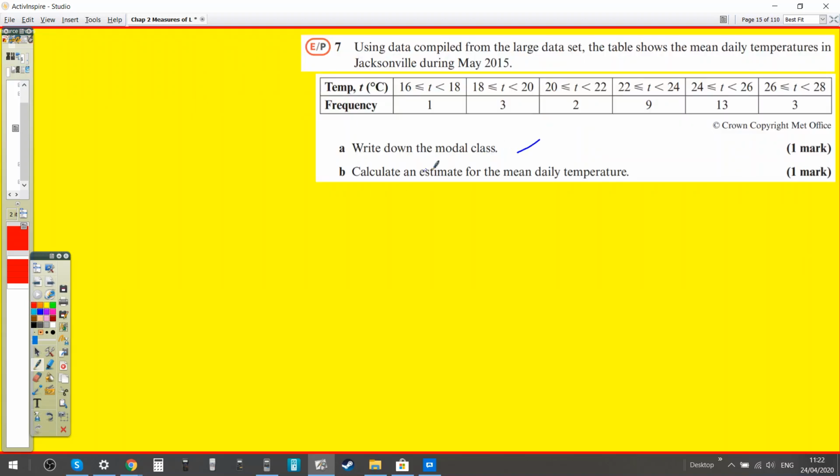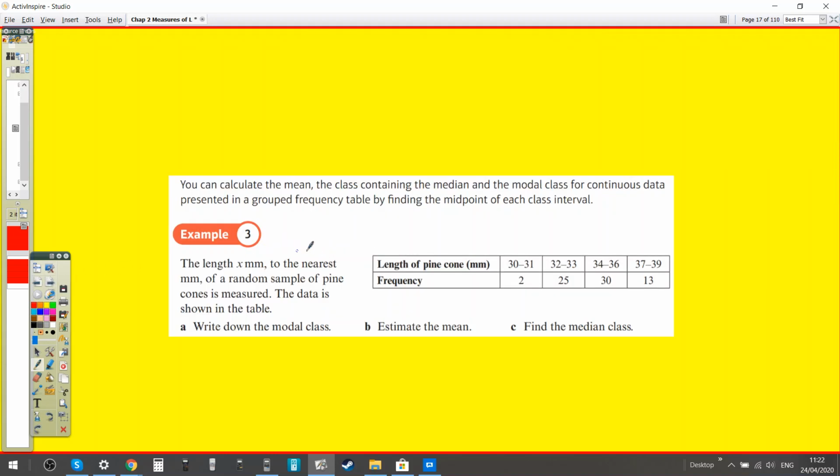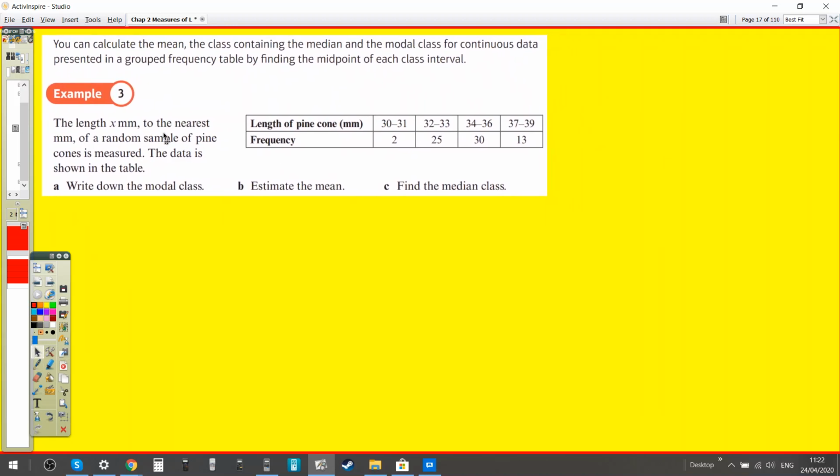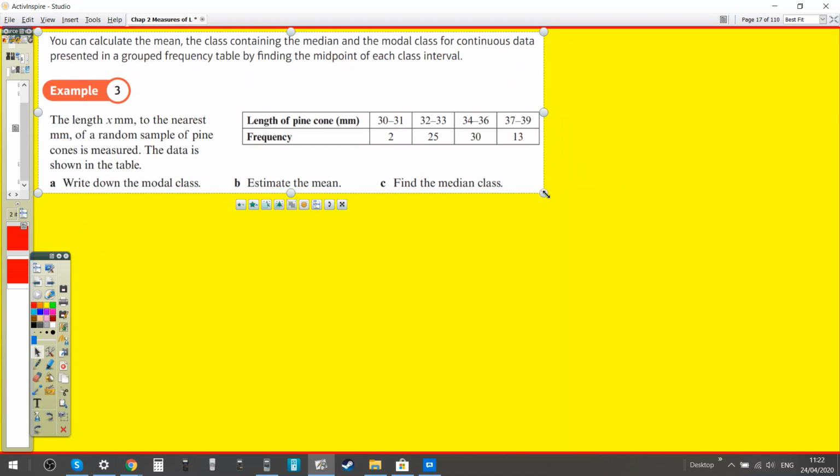Modal class, estimate the mean. That's good. Let's see this one. Yes, there's a little trick to this one, I think. How do we do this?